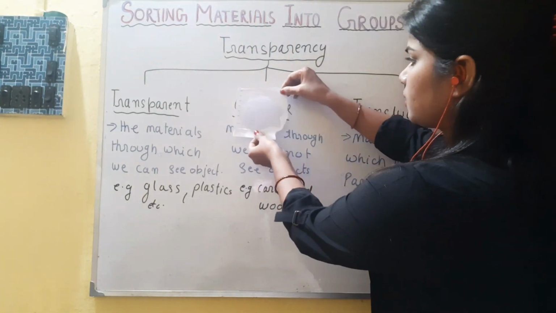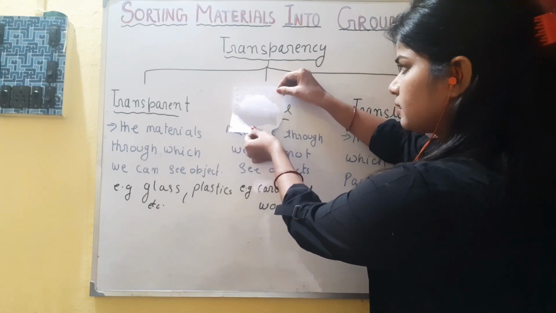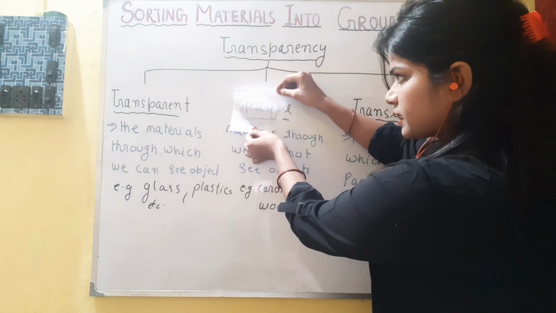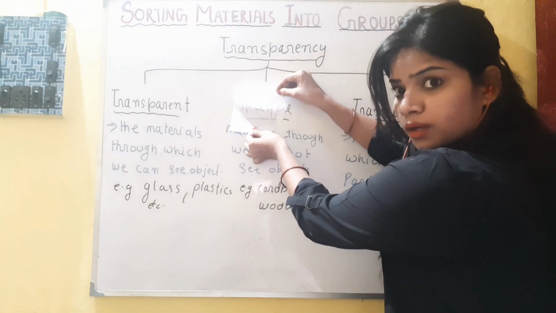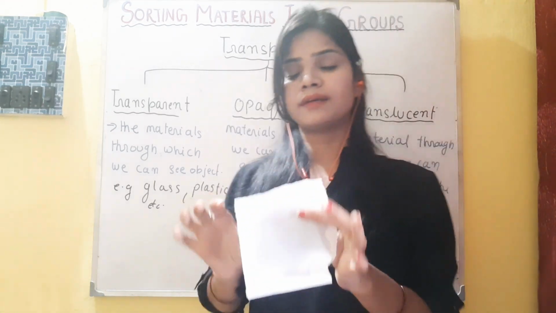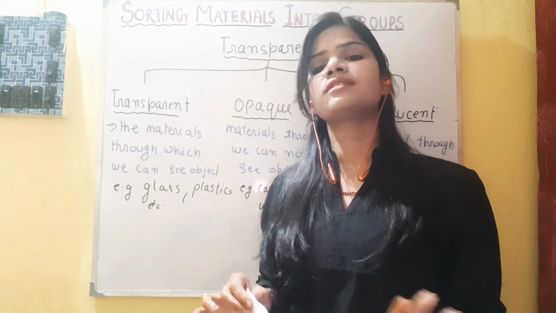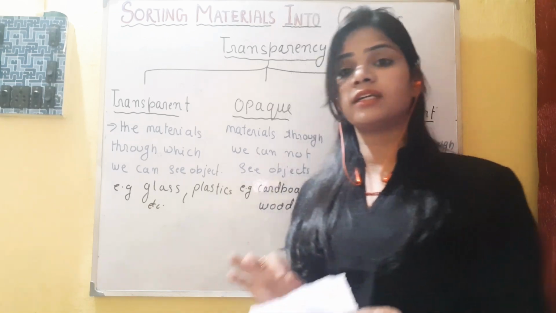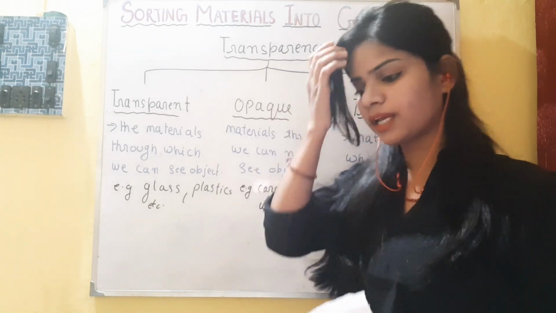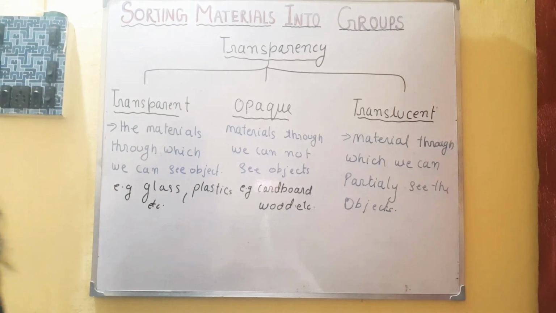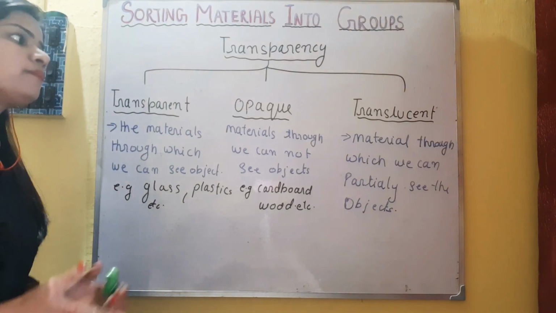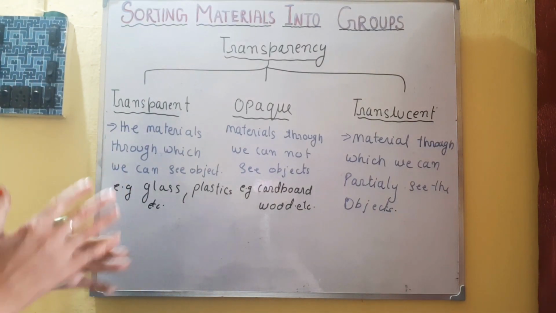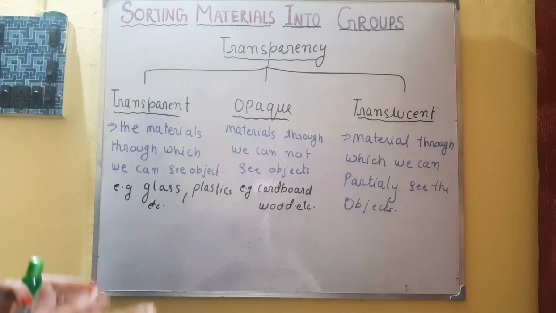Okay, now if we say, this is written opaque on the board. Okay, so you can see that something is beyond this, but you cannot find out clearly what it is. Okay, so translucent is the property or the type of material through which we can see but not clearly.